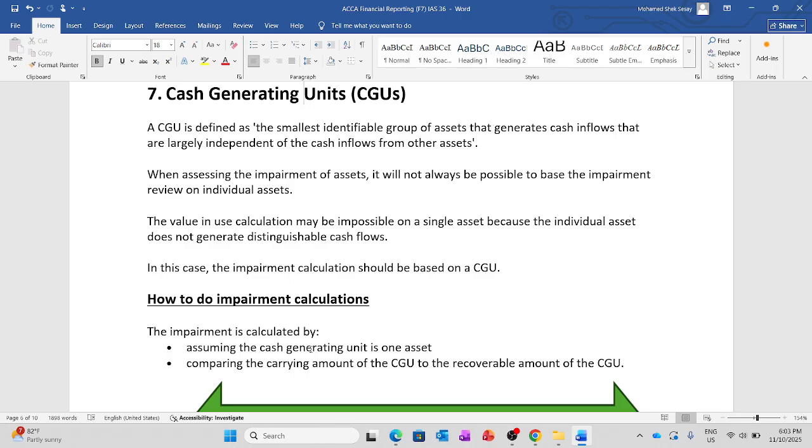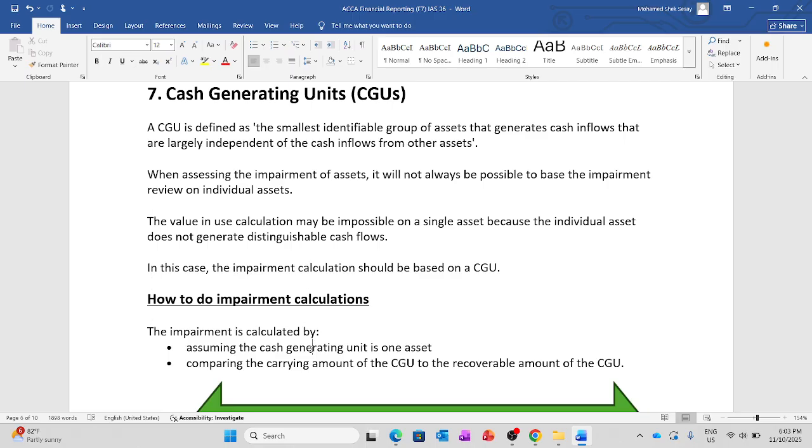When assessing the impairment of assets, it will not always be possible to base the impairment review on individual assets. The value in use may be impossible to calculate for a single asset because the individual asset does not generate distinguishable cash flows. In this case, the impairment calculation should be based on the CGU, the cash generating unit.